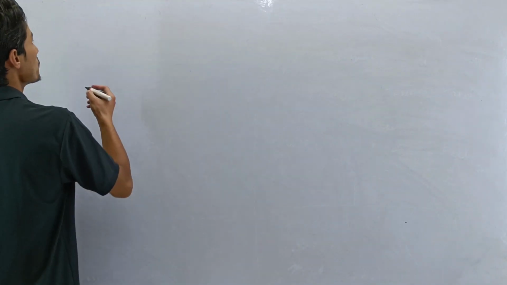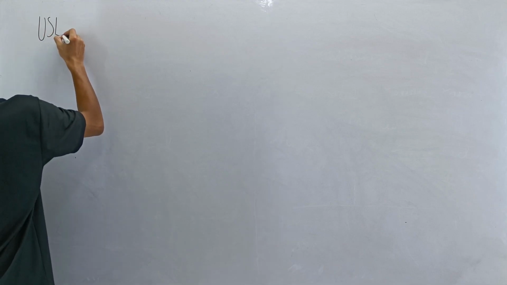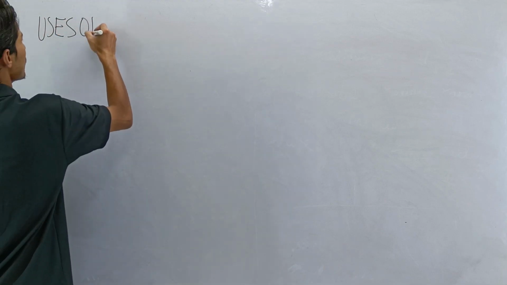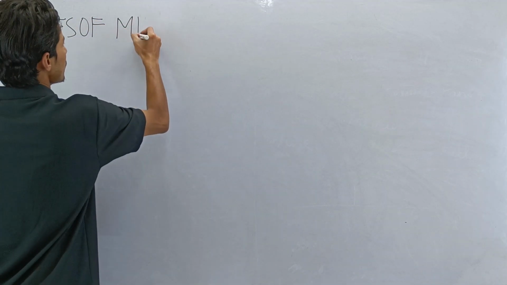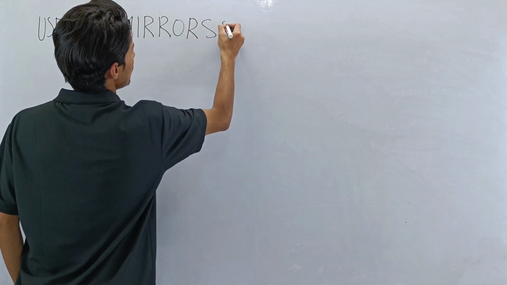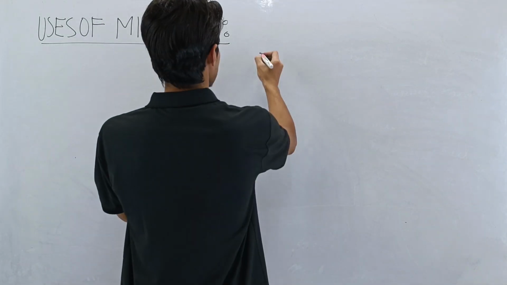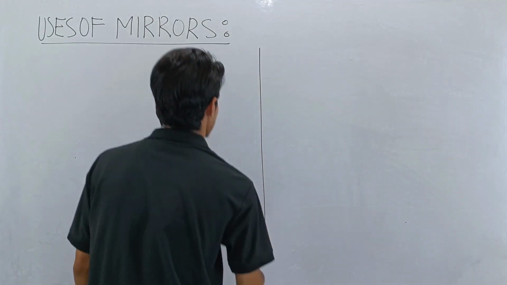Now the next topic is uses of mirrors. So let's talk about mirrors. Uses of mirrors. So concave and convex, let's highlight here.